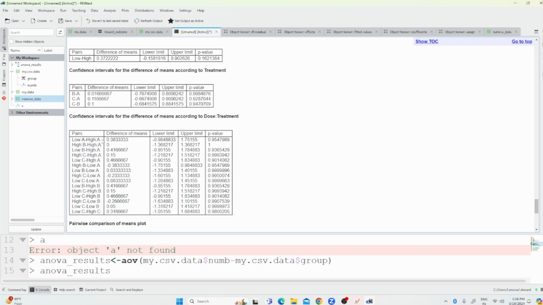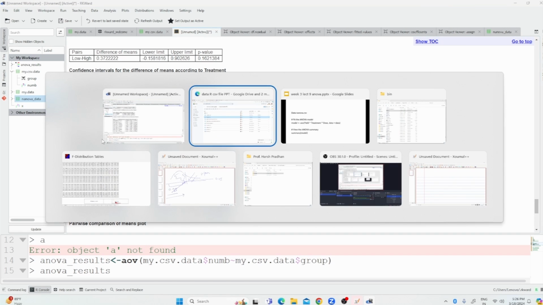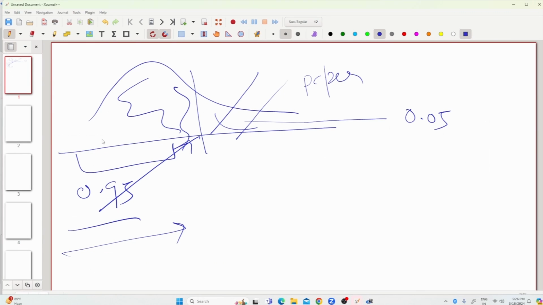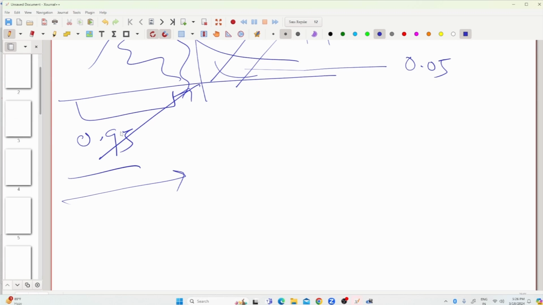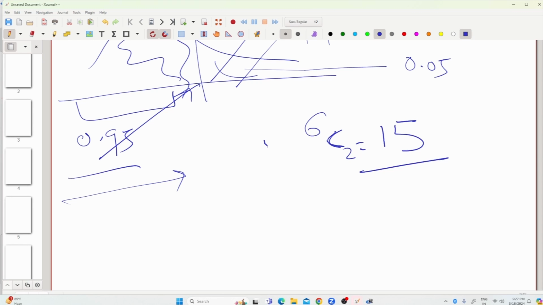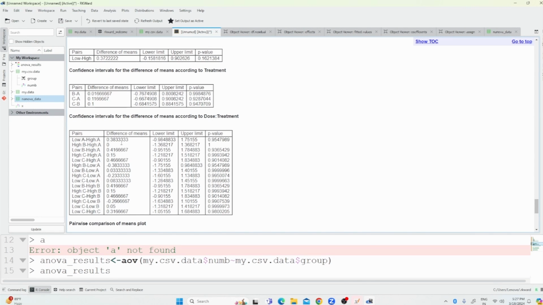So, we do 6C2, which is equal to 15. Okay. So, 15 is the number that we need here. So, these are 15 groups.